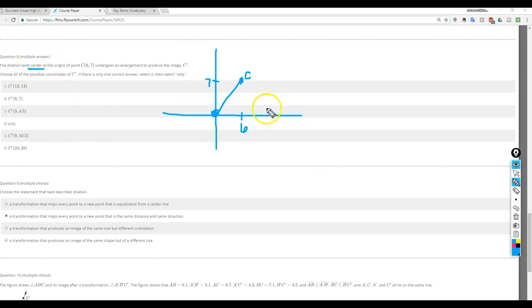Since it's centered at the origin, it will take this distance from C to the origin, and it will have a scale factor that is greater than 1 to produce an enlargement.